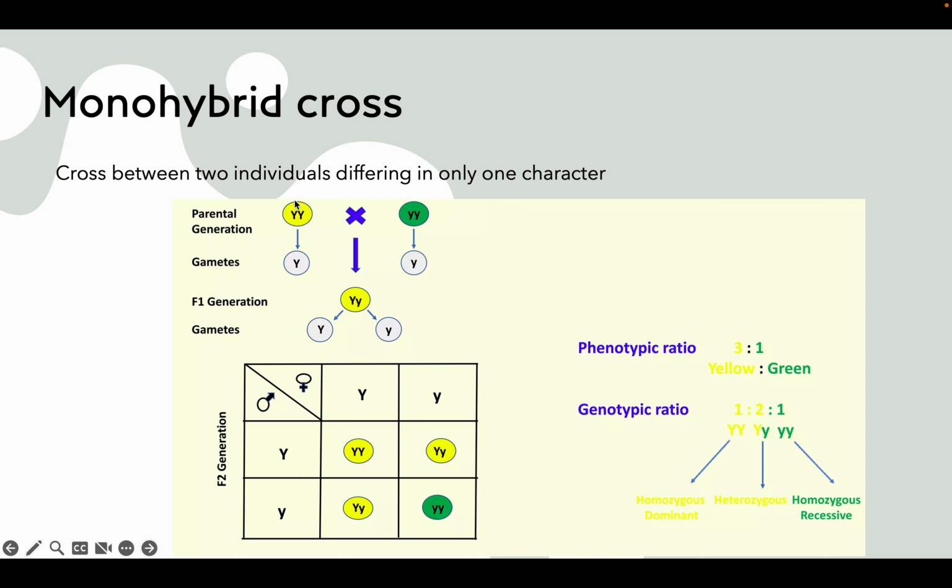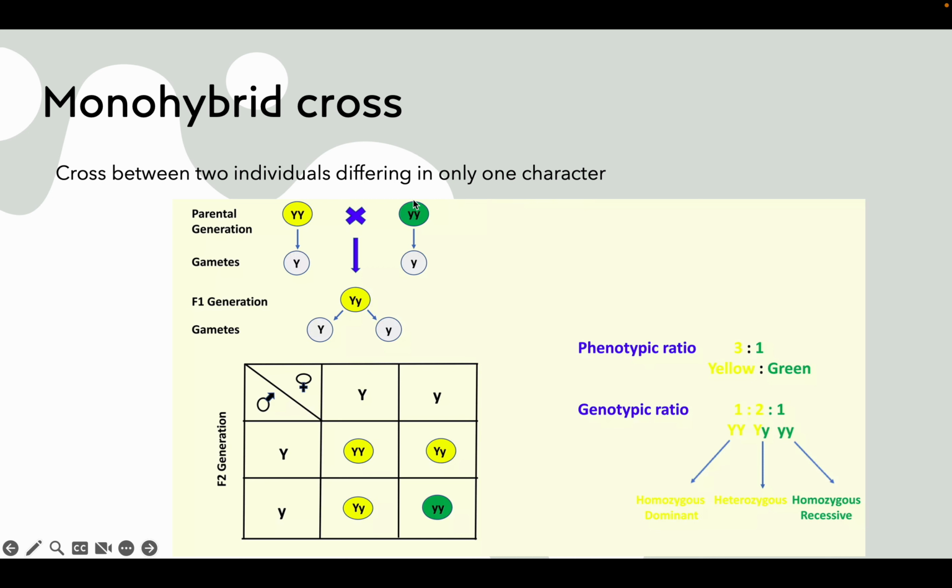As you can see, yellow, because it's represented by an uppercase letter, is the dominant one. The yellow color is expressed dominantly, and the small y, a lowercase letter, is the recessive color, which is green.